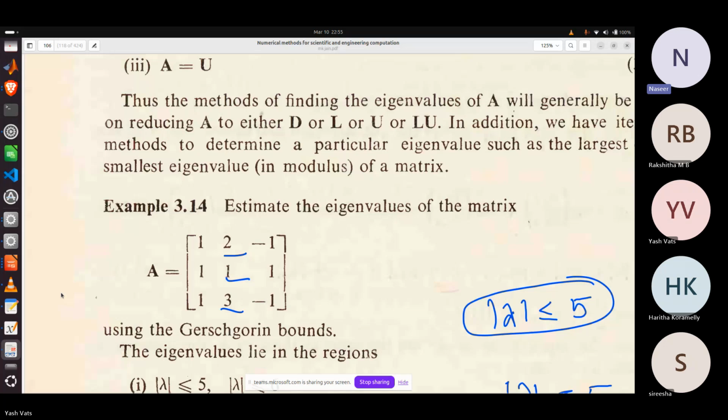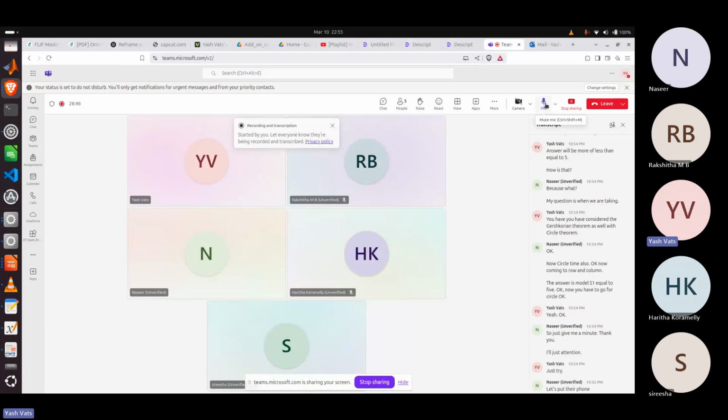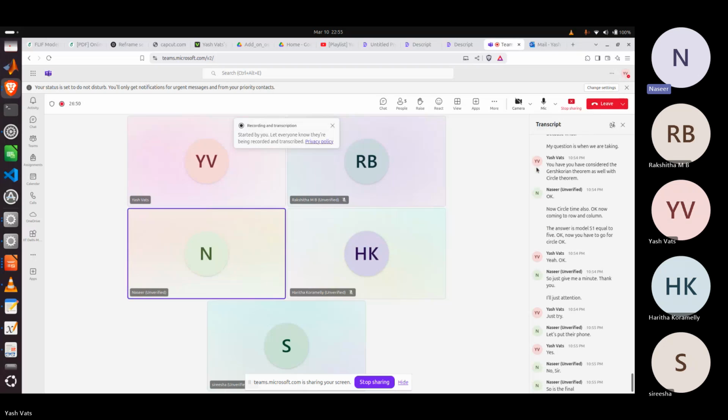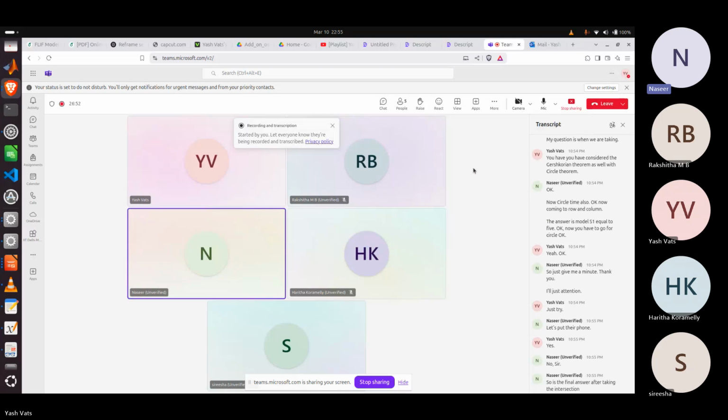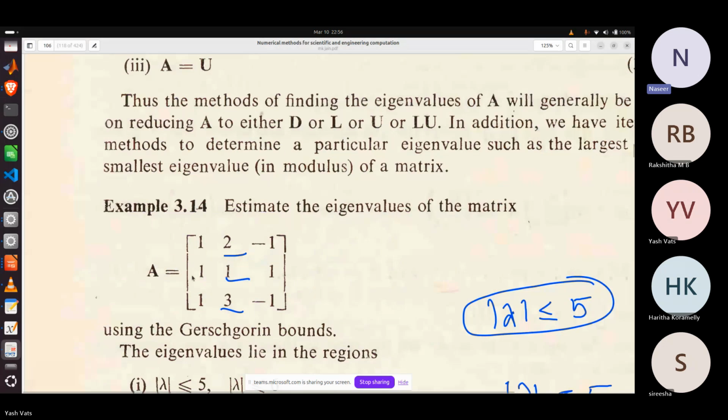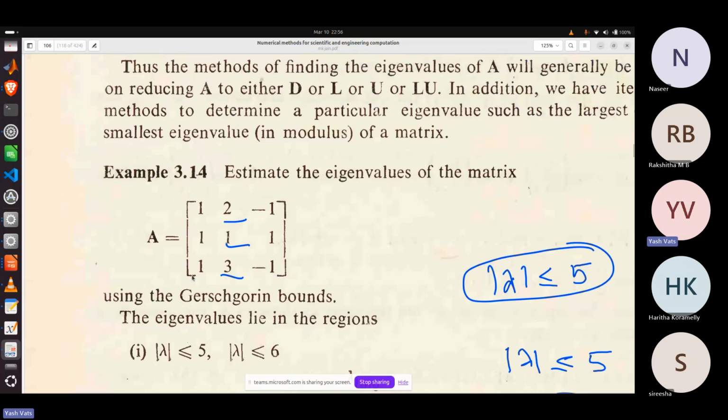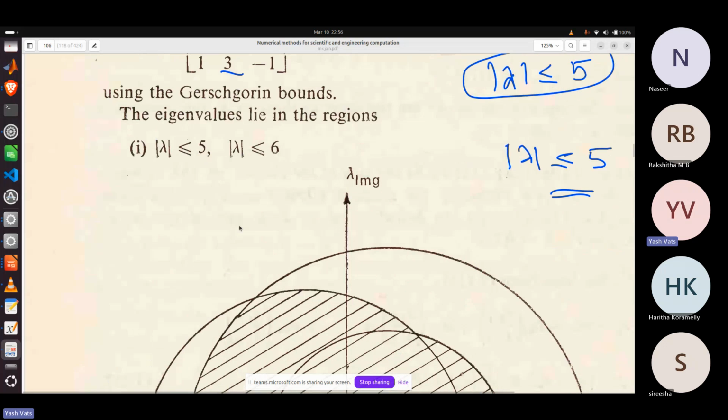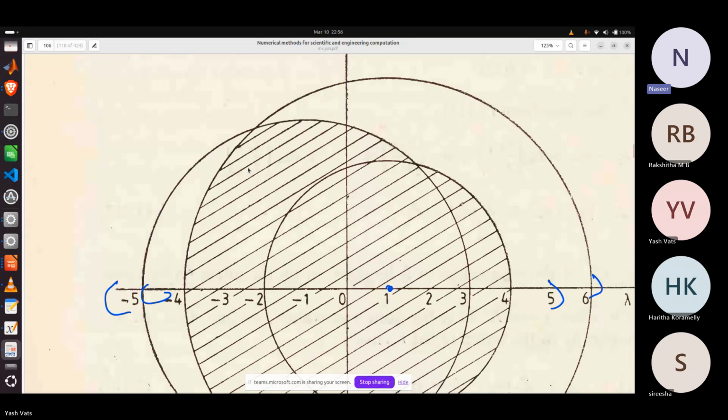Excuse me, sir. So is the final answer, after taking the intersection with the circles also, the closed interval minus 5 comma 4? Let's see here. You're getting mod lambda less than or equal to 5 and 6, that is for row and column.